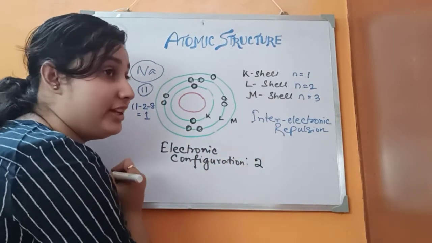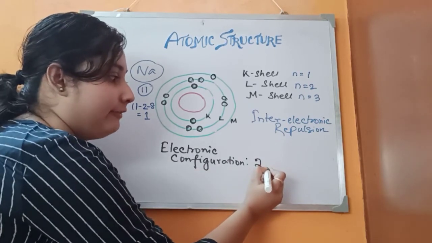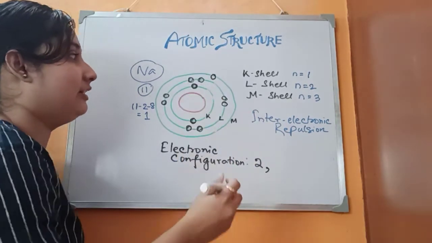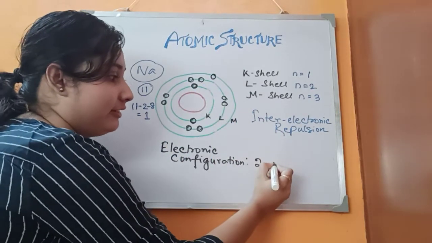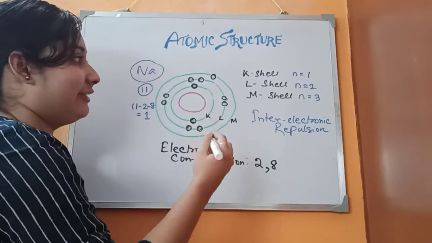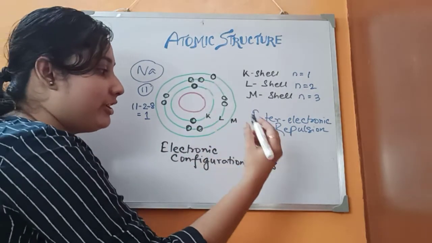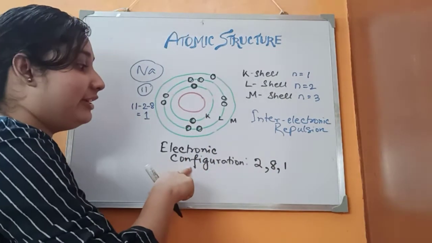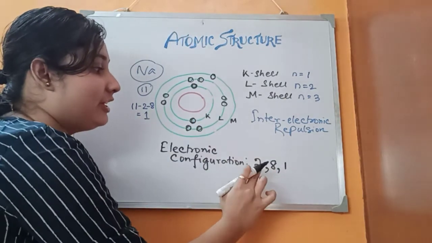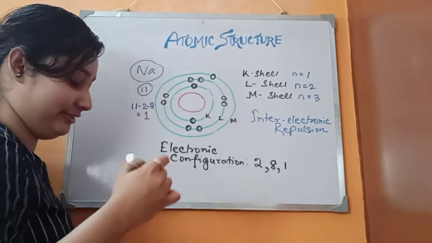So, for the K shell, 2. We will give a comma after that. How many electrons are present in the L shell? 8. And the last shell, the M shell, has how many electrons? 1. So, the electronic configuration of sodium is 2, 8, 1.